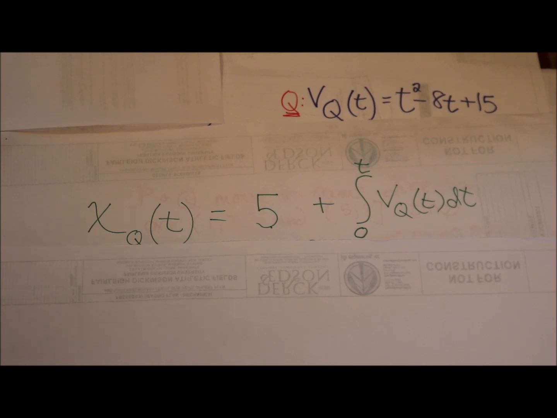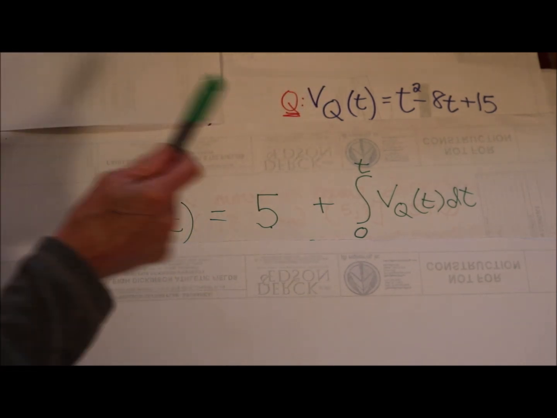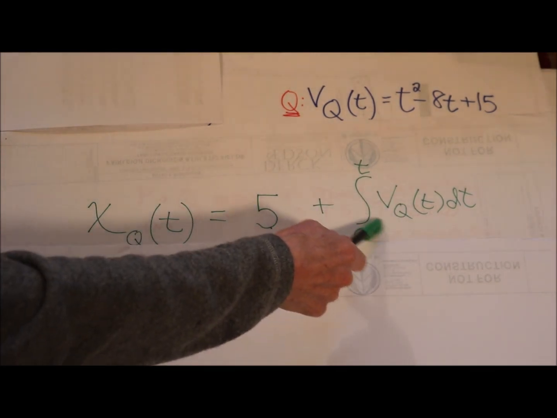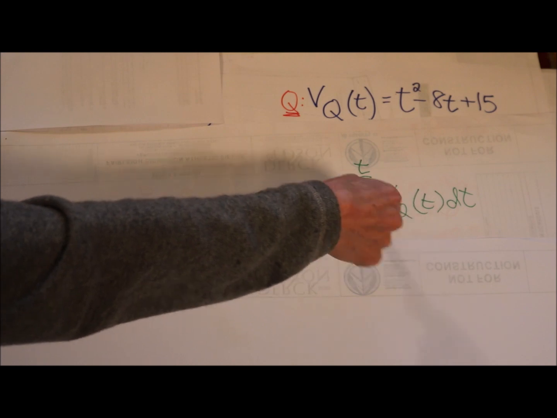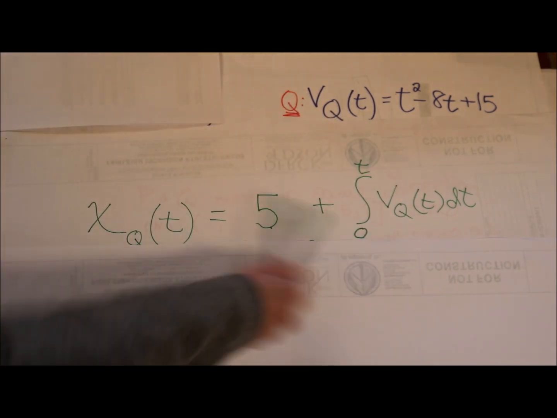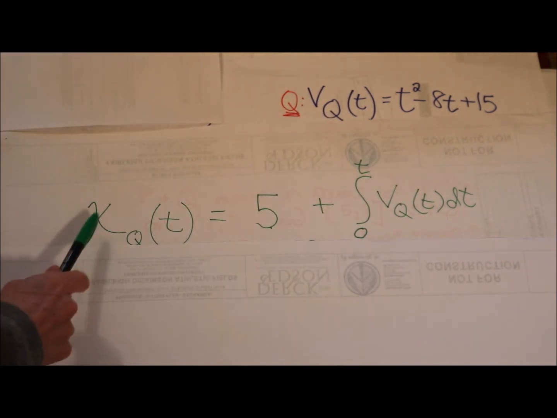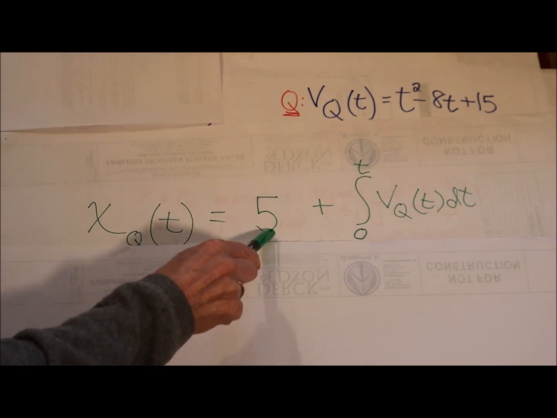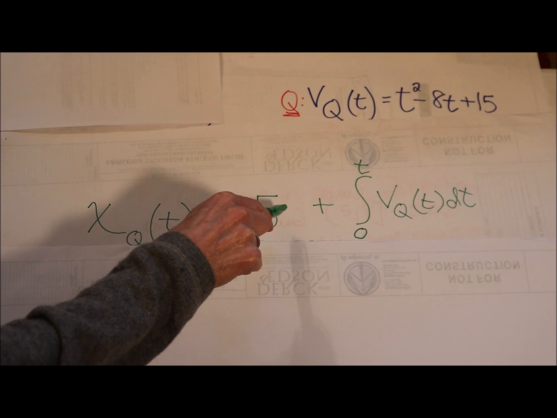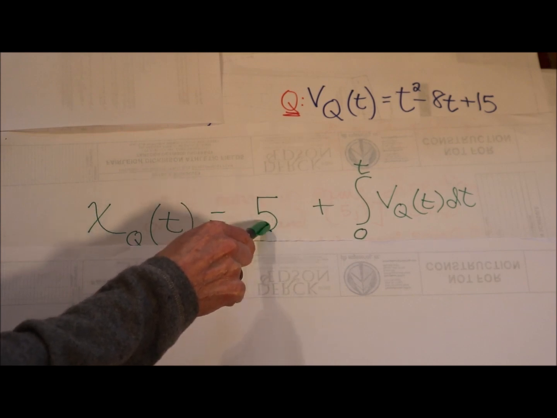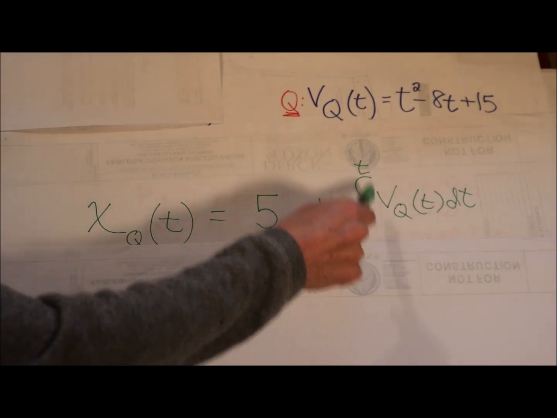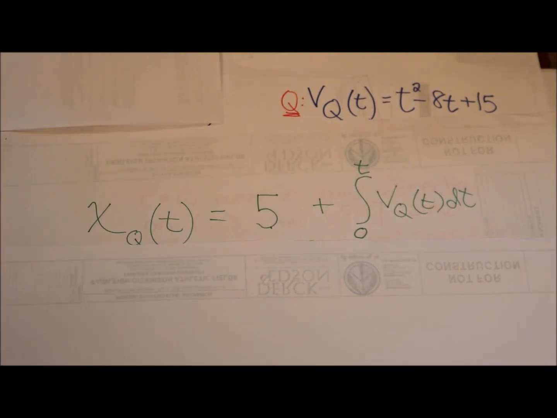To find a position from a velocity, I need a starting position, and I need to take the integral of that velocity, which will give me my change in position, or my displacement. This is the fundamental theorem of calculus. So the position of particle Q is 5, because the problem told me at time 0 my position is 5, plus my change in position from 0 to any time t.